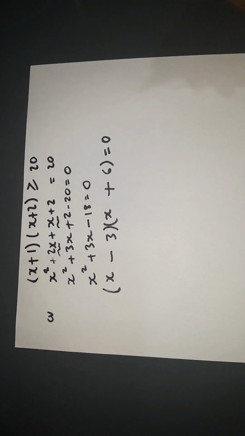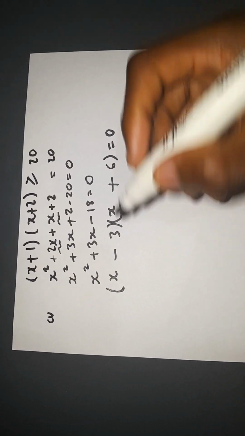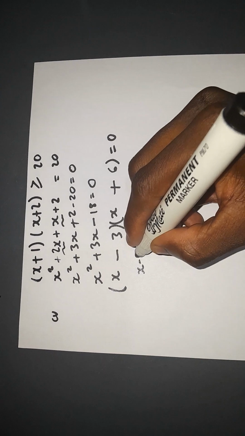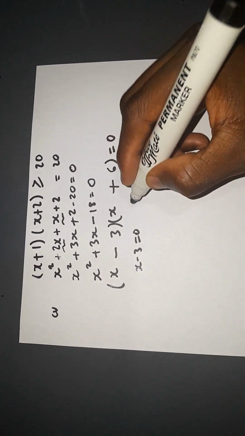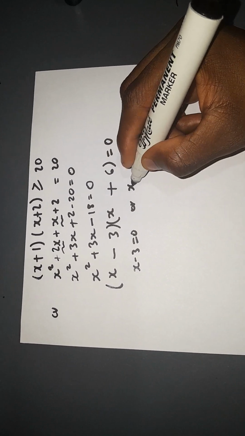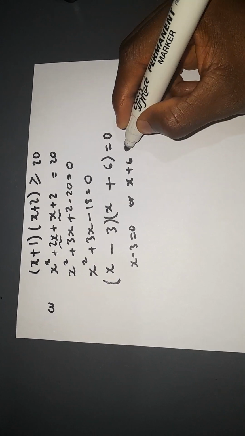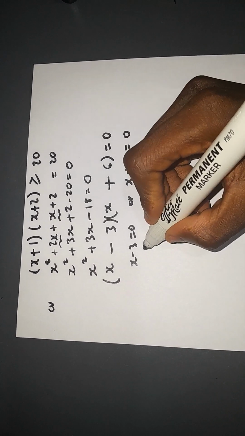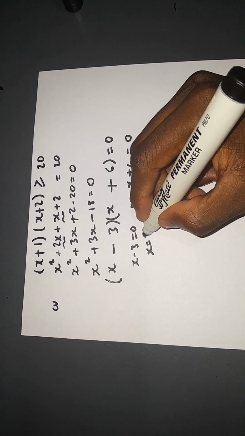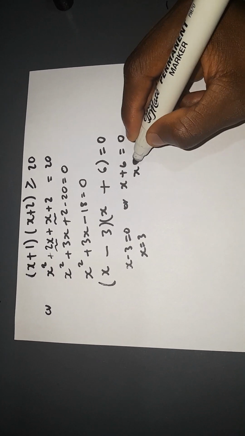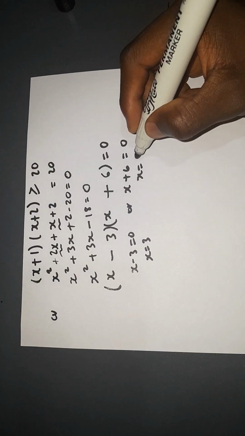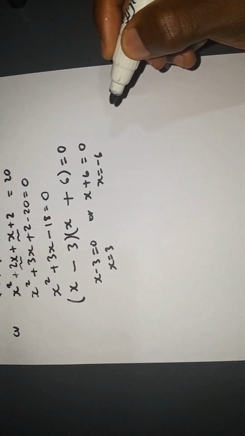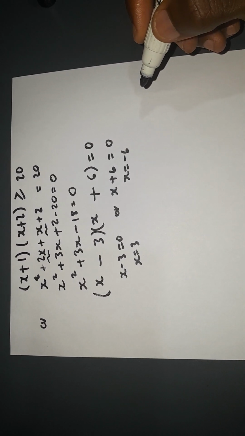So now let's proceed here. What is the next step? Good, we now find the final answer. We take 3 to the other side, it will become a negative, and we take negative 6 to the other side, it will become a positive. So now what's our next step from here?